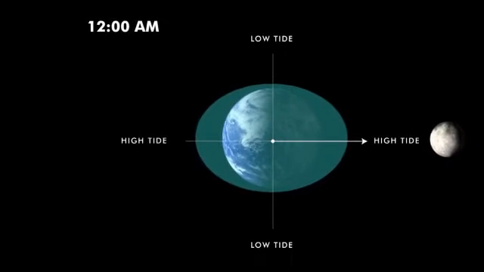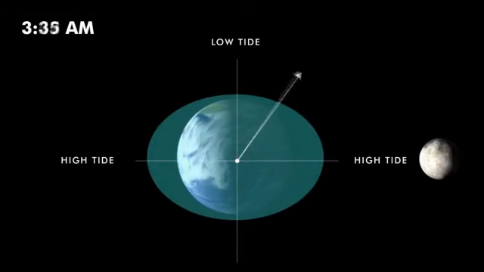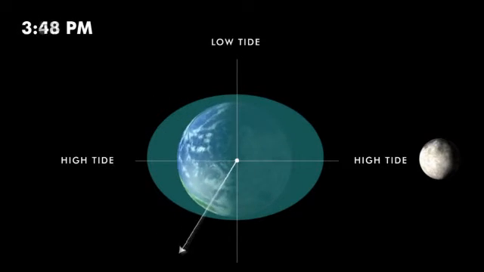The pull on the oceans on the far side is less than the pull on the Earth. So that far bulge actually gets created, you can think of it as the Earth being pulled out from under the oceans a little bit. So you get 2 high tides a day because as the Earth rotates, we rotate through these 2 bulges.